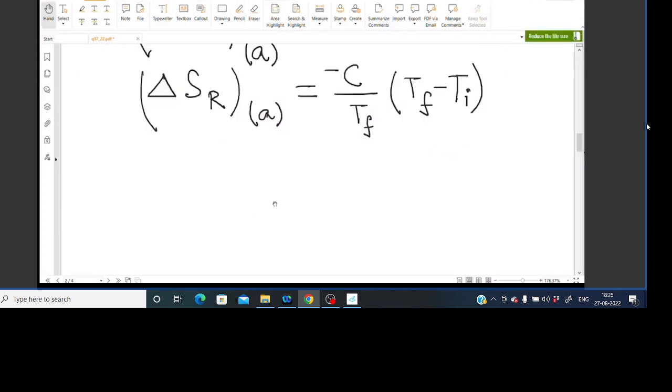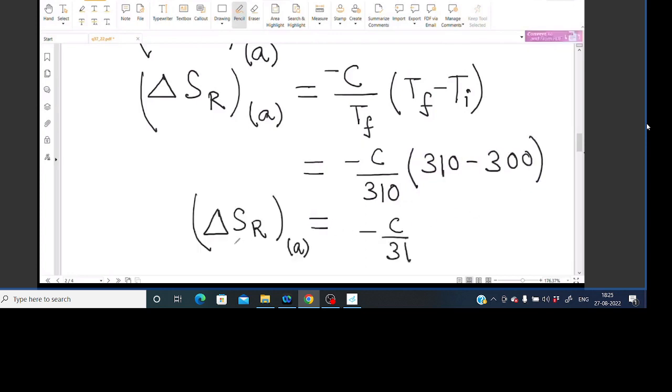The change of entropy of the reservoir in subprocess A is equal to minus C by Tf into Tf minus Ti. Here the minus sign indicates that heat is released by the reservoir. Putting Tf equal to 310 Kelvin and Ti equal to 300 Kelvin, we get the change of entropy of the reservoir in subprocess A is equal to minus C by 31.